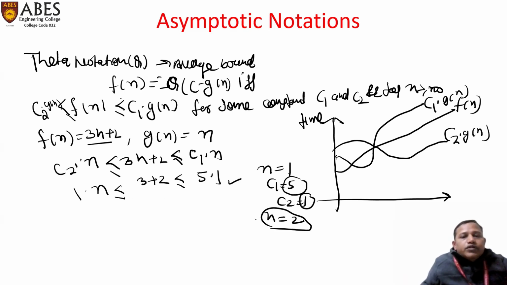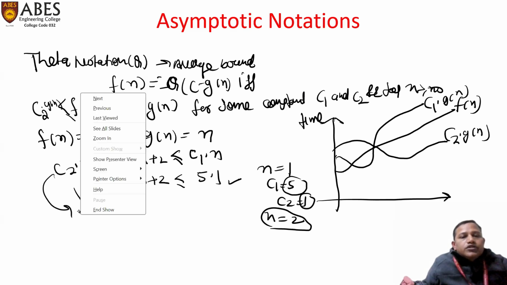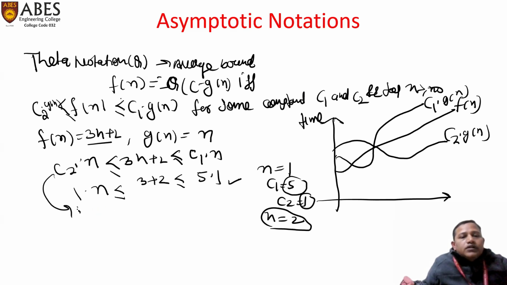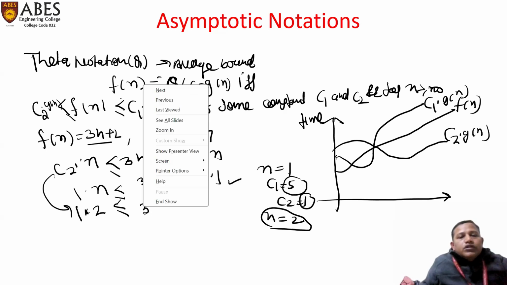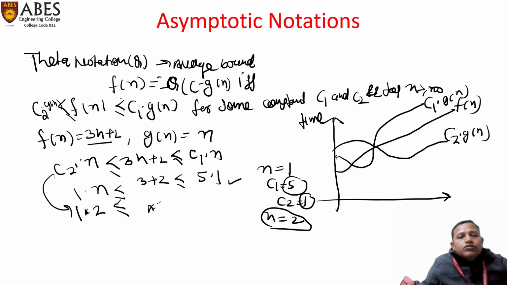If we put n equal to 2, and c2 is equal to 1, then 1 into 2 is less than or equal to 3 into 2 plus 2, which is less than or equal to c1, that is 5 into n.